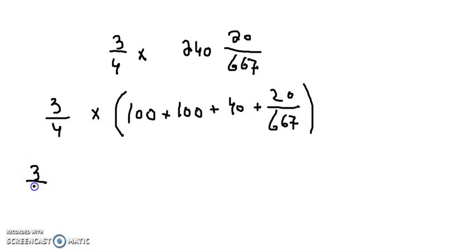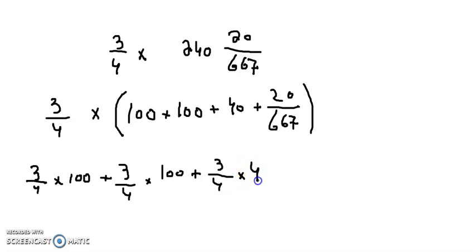3 by 4 times 100, plus 3 by 4 times 100, plus 3 by 4 times 40, plus 3 by 4 times 20 by 667.